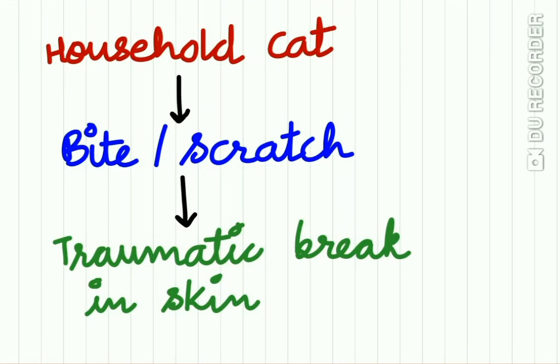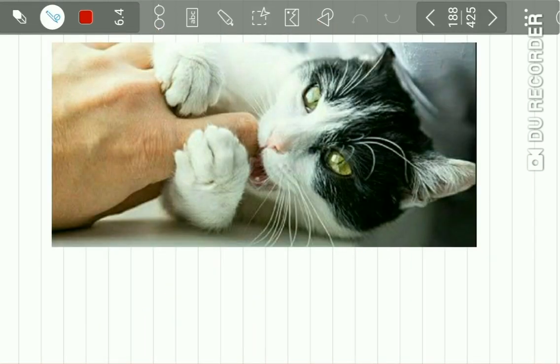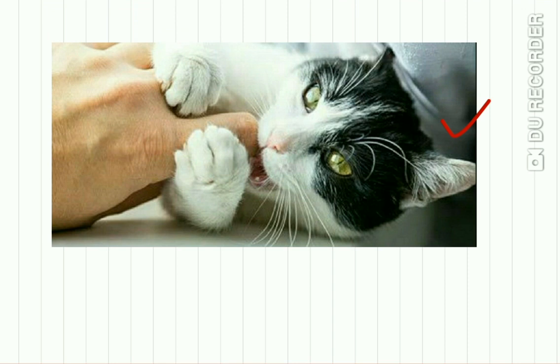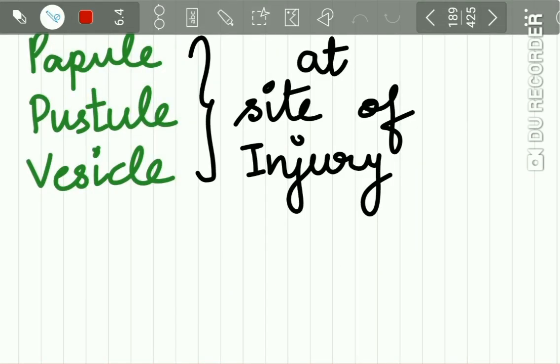And it occurs due to a bite or a scratch on the skin which is done by a household cat. This bite or a scratch causes a traumatic break in the skin. So if a household cat scratches you or bites you, then a break appears in your skin, and the organism enters into the skin.